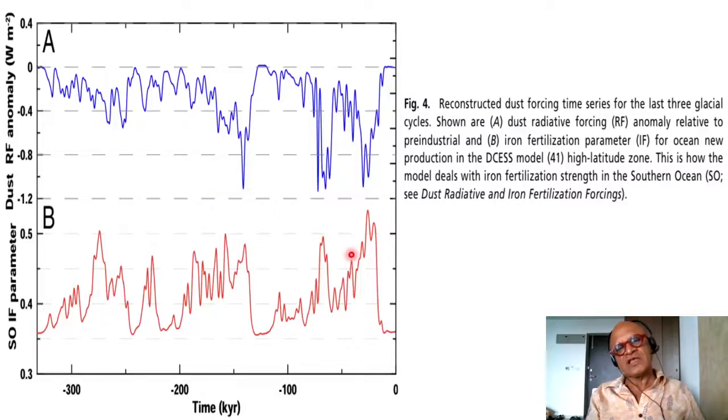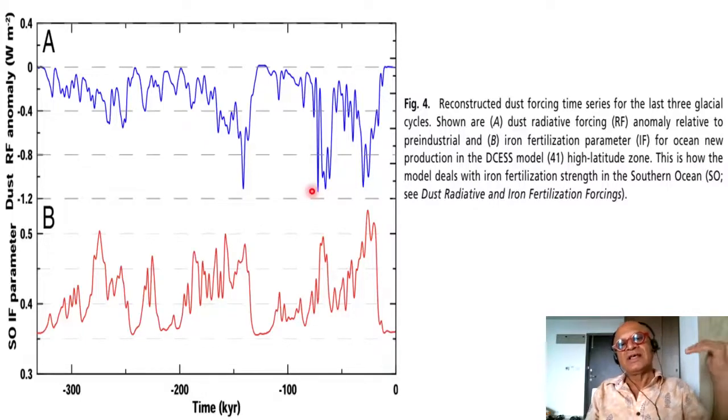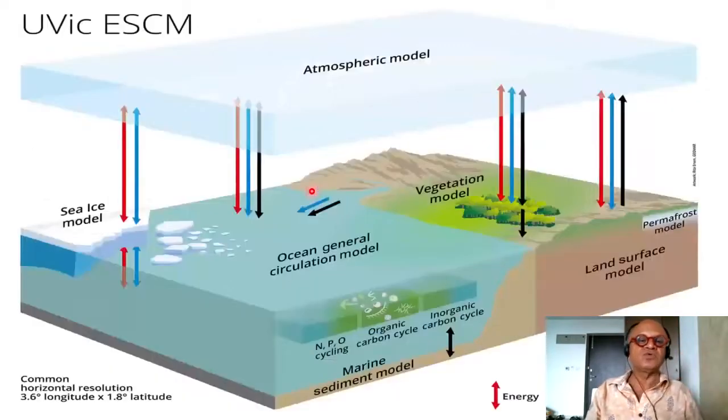One has to be careful here because we don't know how much of the dust is actually iron, and even if we know that, we don't know how much of what falls into the ocean is bioavailable. There may be iron, but it may not be usable by the phytoplankton. There are lots of assumptions that go into these, but here we are mostly looking for consistency between glacial-deglacial temperature changes, dust loading, iron fertilization potential, and the CO2 signal.